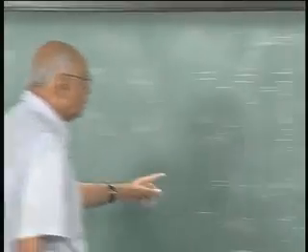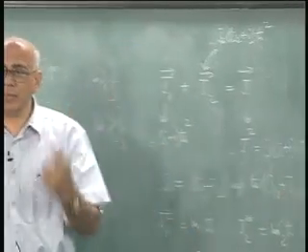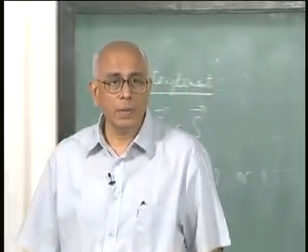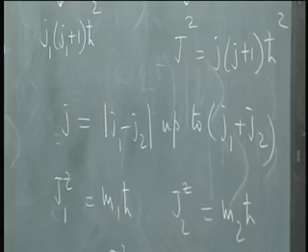Pardon me? They clearly cannot add up to half, because it runs from here to there in steps of unity, and it cannot add up to half. But I also said that something with a half odd integer quantum number is a fermion, and something with an integer quantum number is a boson.